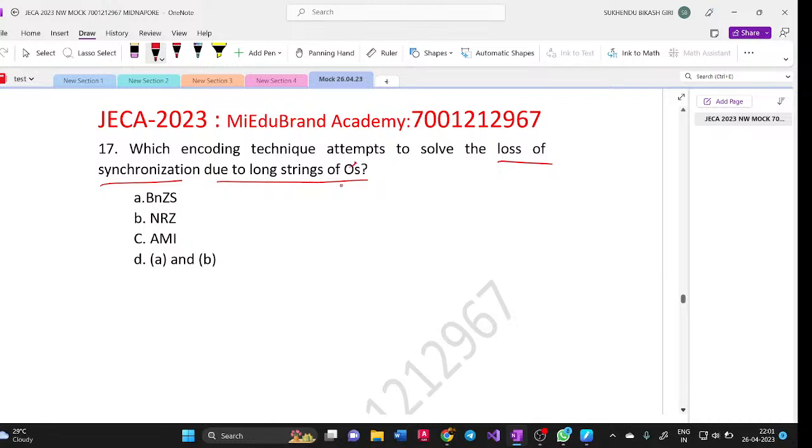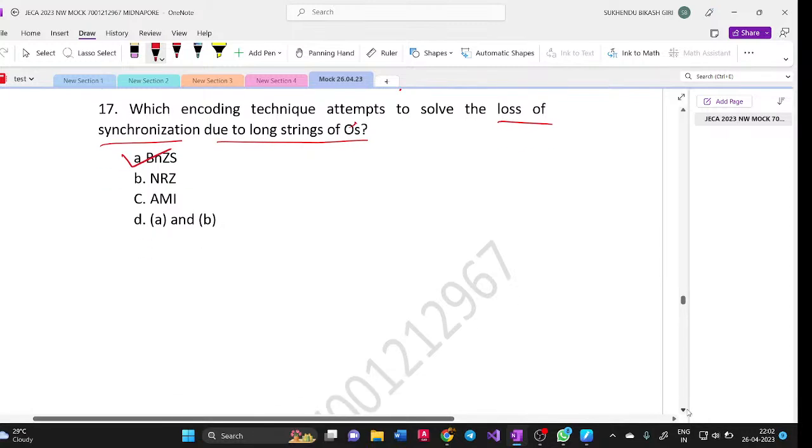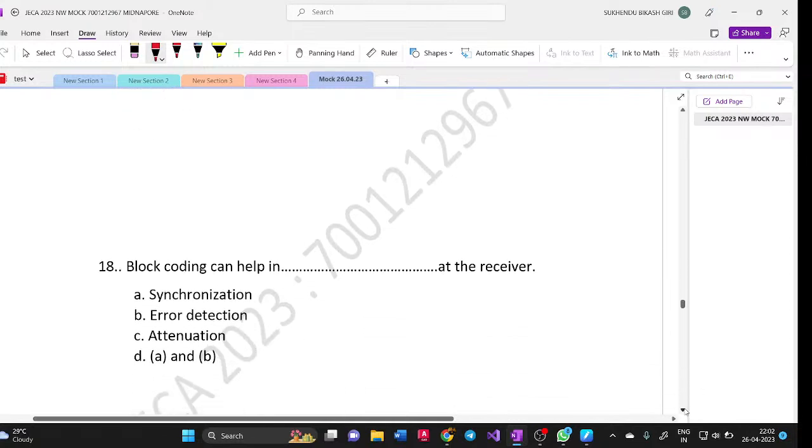Answer it. The right answer is B8ZS. This is an out of syllabus question. You can ignore it, just remember. Next question.